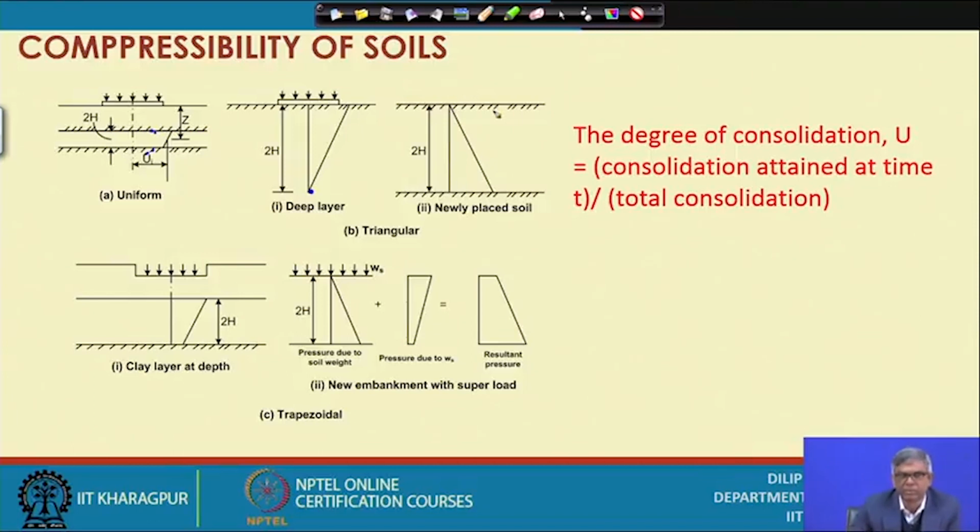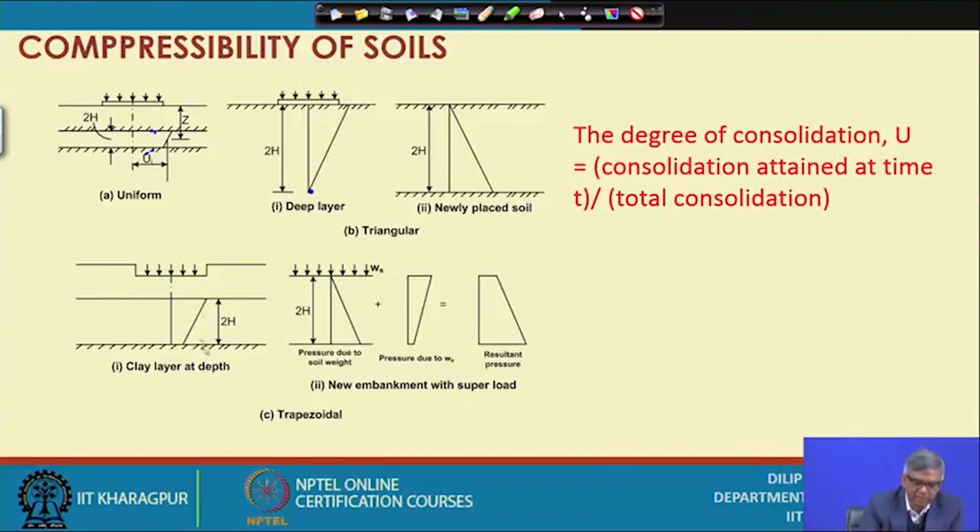Similarly, if it is a newly deposited soil, because of the soil weight only, it will be more compact here and looser here. So, at these places pore pressure will be dissipated immediately. Because of that, when you go deeper and deeper, pore pressure intensity will be more.